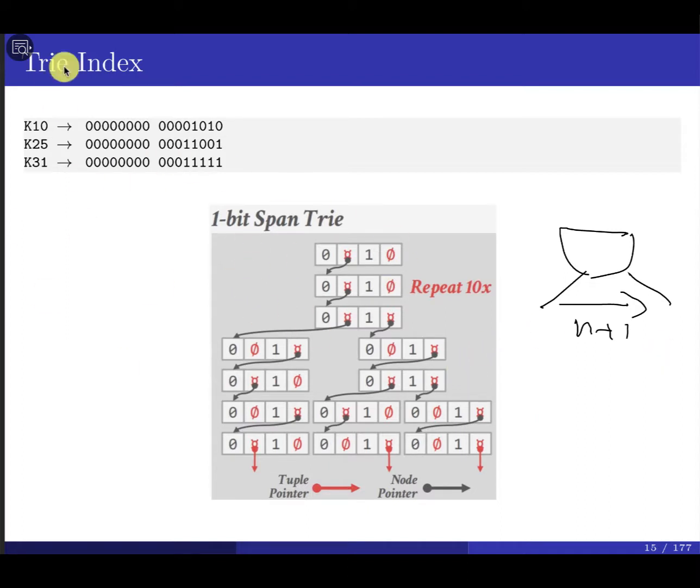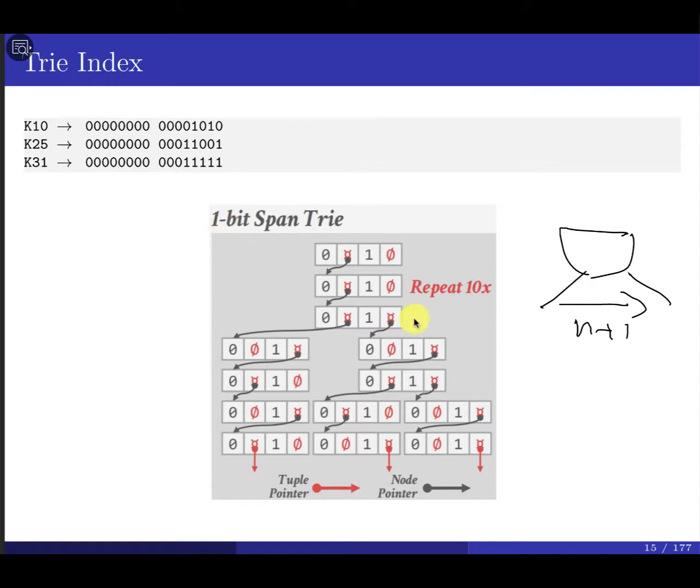Here, for the trie index, we define the span of a trie level as the number of bits that each partial key or digit represents in each node at each level. So how many bits can you use to represent each digit at each level? This is just a simple example, a simple trie which stores only 1 bit.